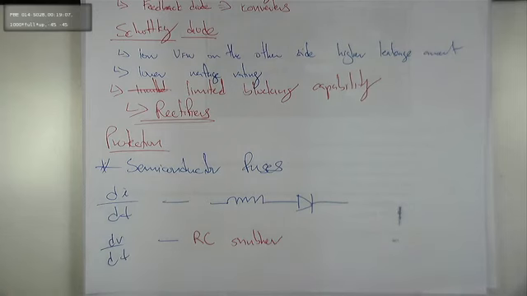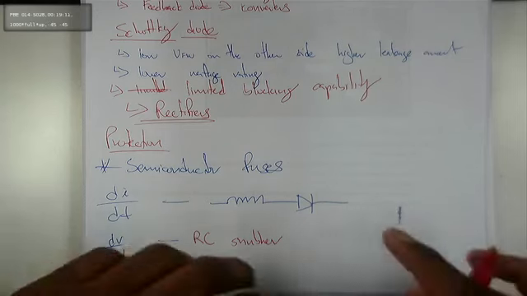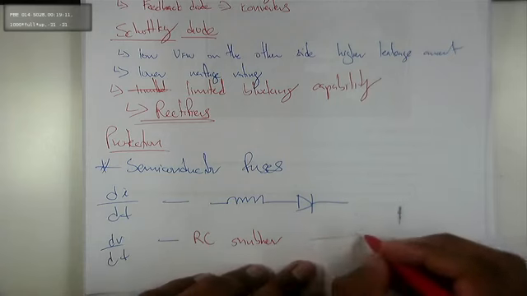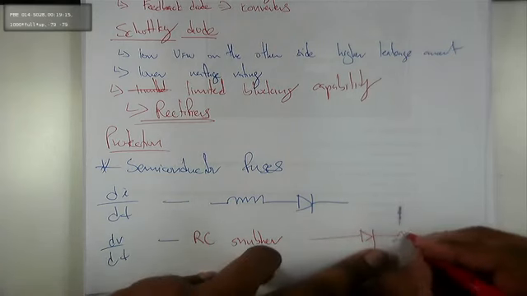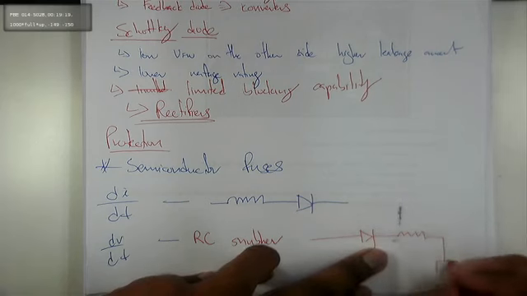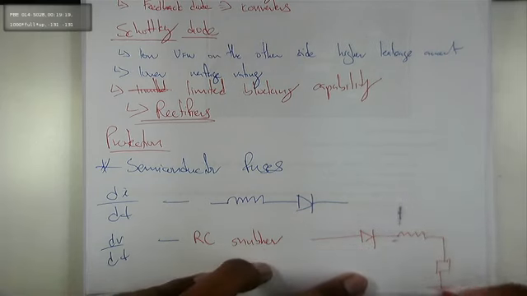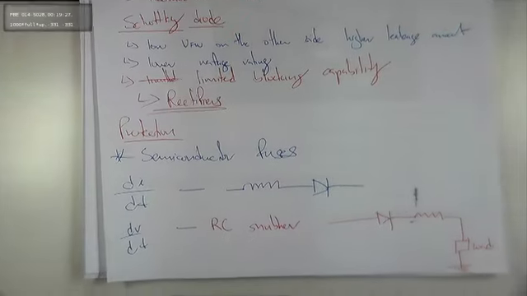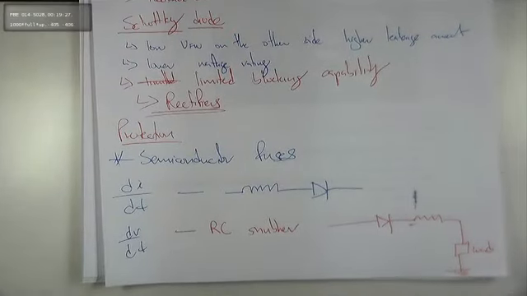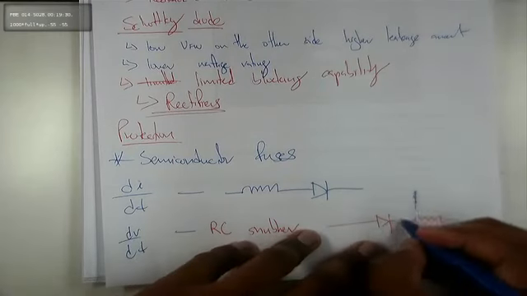So for dV over dt, the circuit looks something like this. You have your diode, you may have an inductor, and your load here. Now your RC snubber comes here.